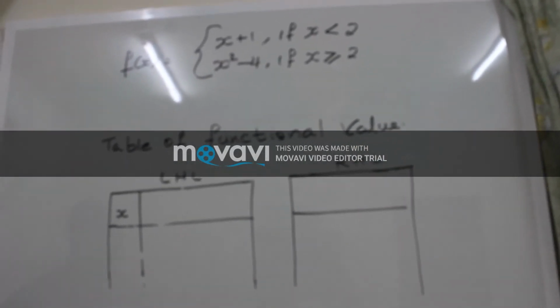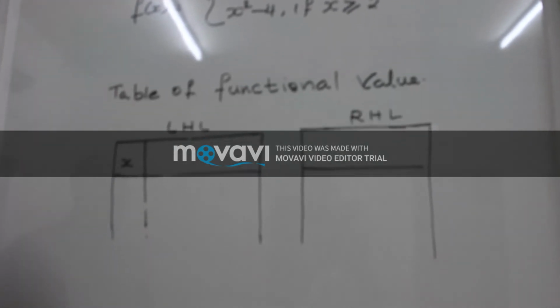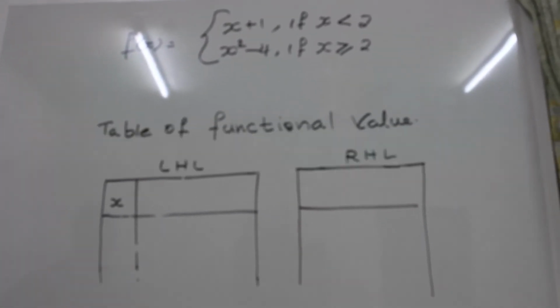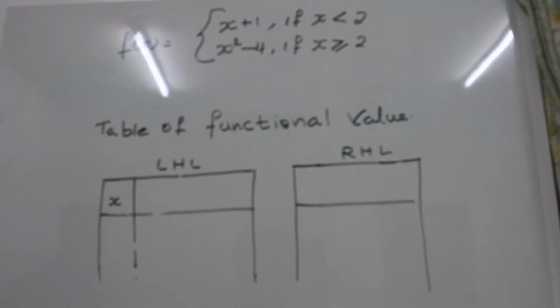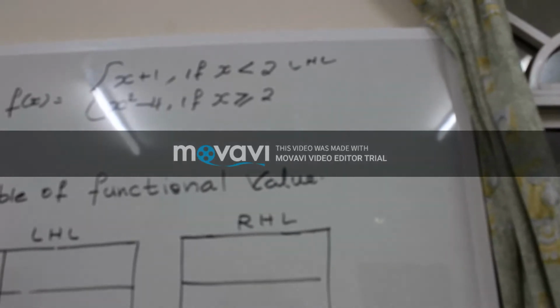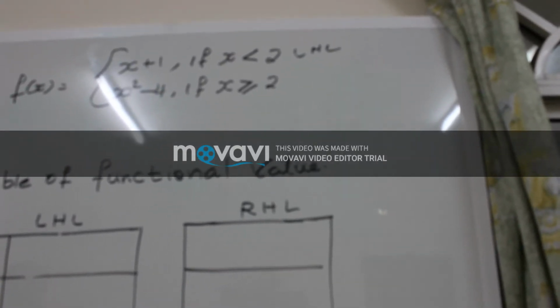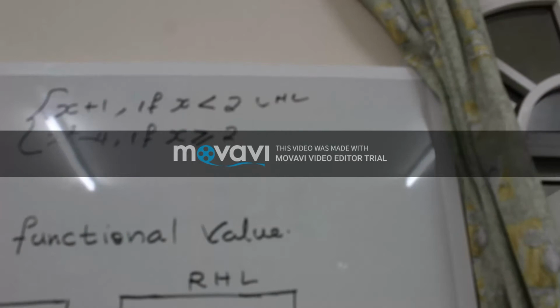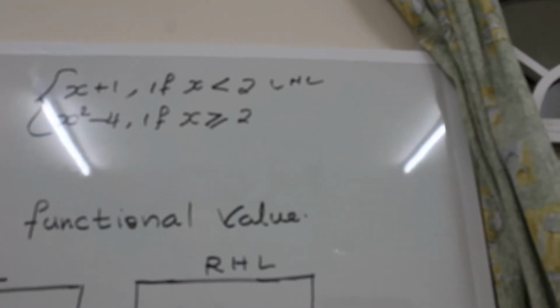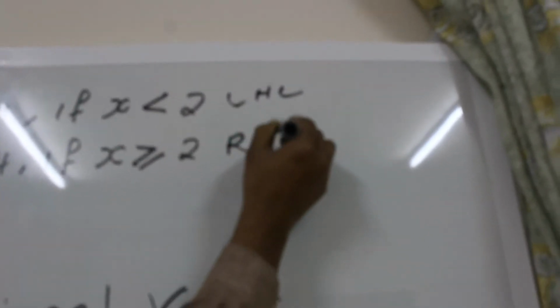As I told you before, we have two domains. f of x equals x plus 1 for x less than 2, and f of x equals x square minus 4 for x greater than or equal to 2, which we consider for RHL.